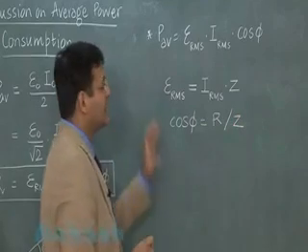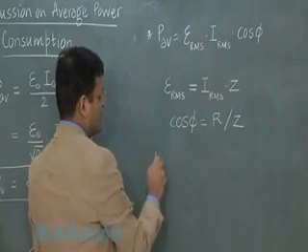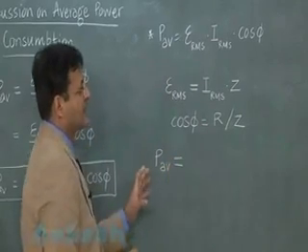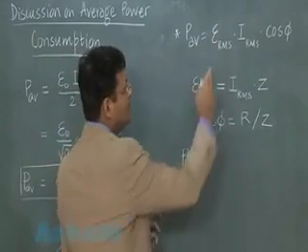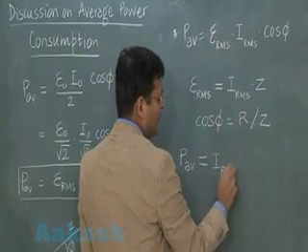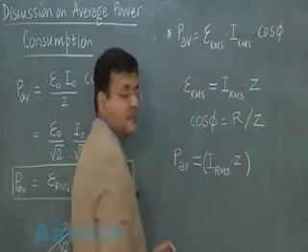In case you make this substitution, then P average can be written as IRMS into Z, this substitution you have made for ERMS.